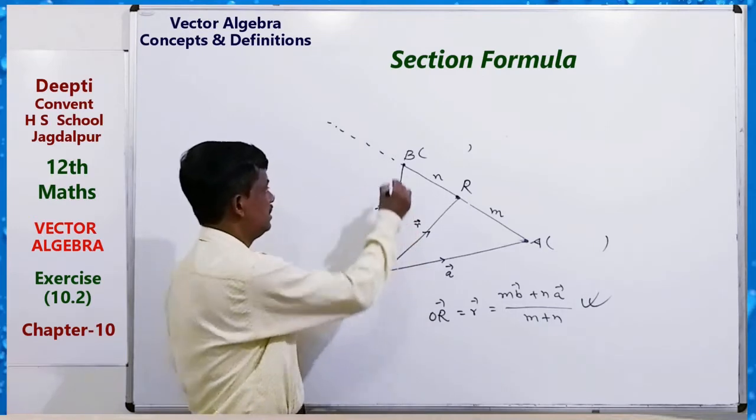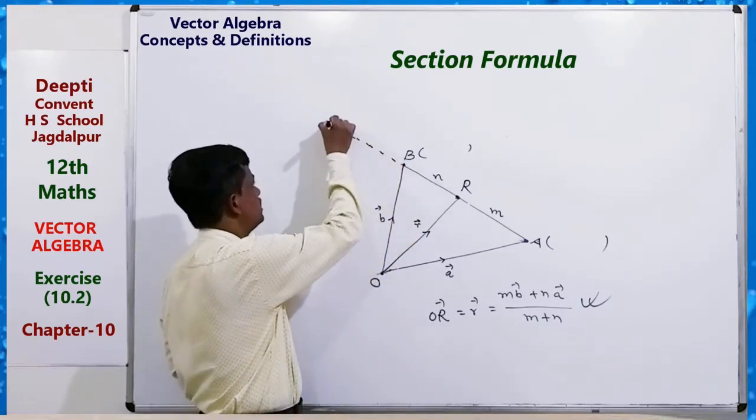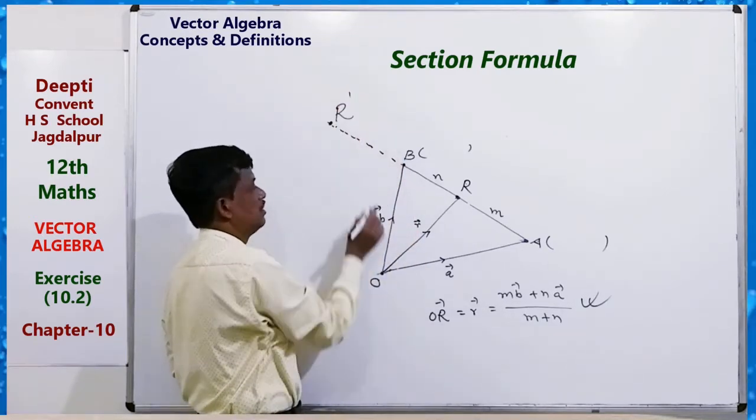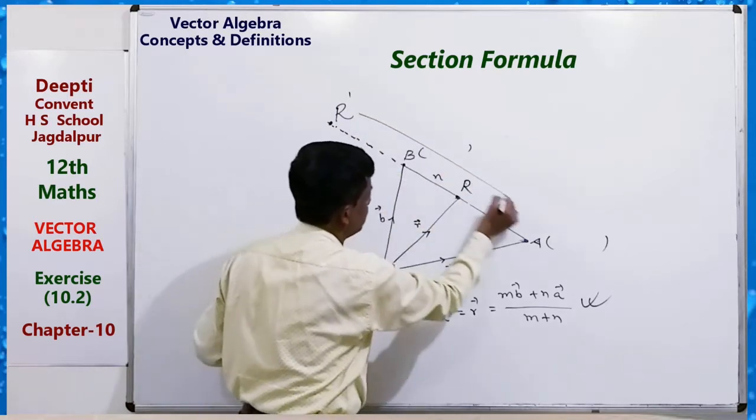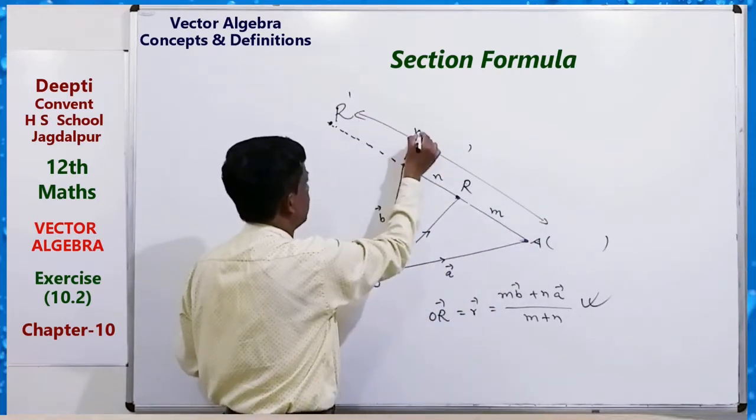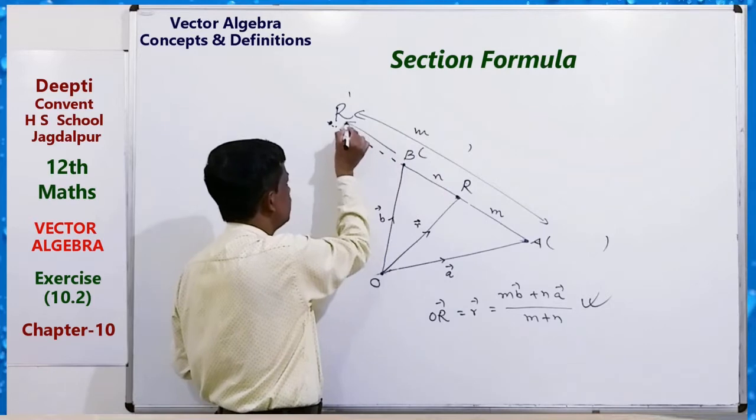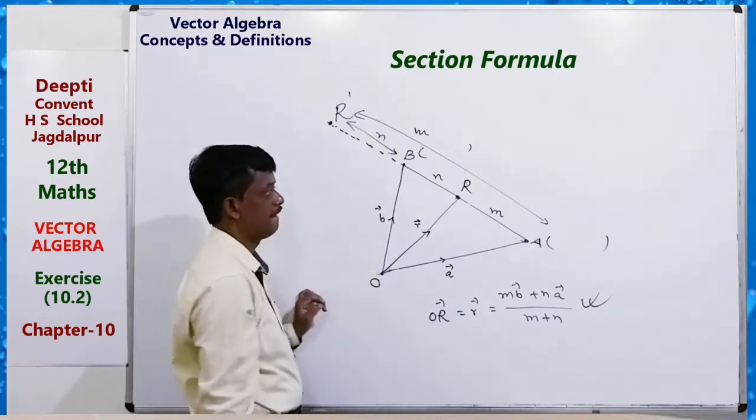If externally, suppose here is R dash, then this value will be m and this value will be n.